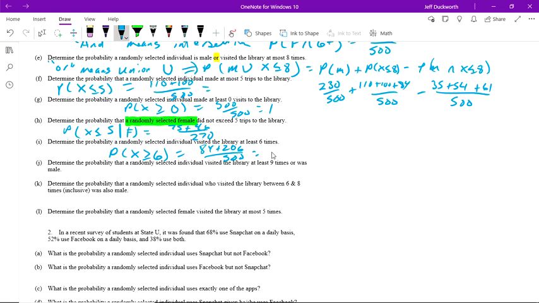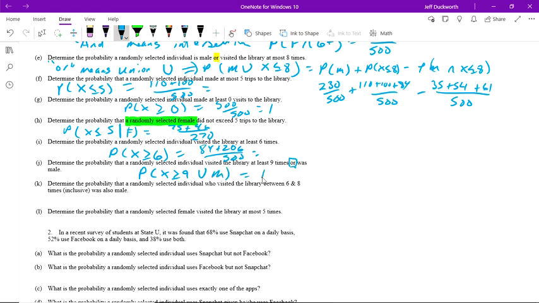J, determine the probability that a randomly selected individual visited the library at least 9 times or was male. So we have an or here. So that's the union. We want the probability that x is greater than or equal to 9, union, the person was male.